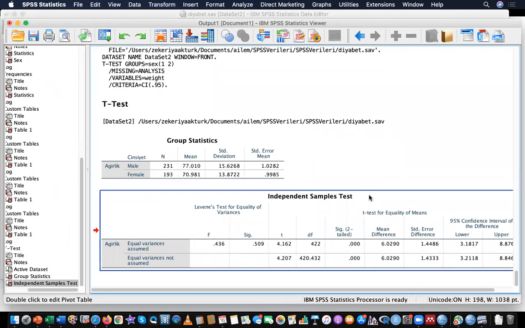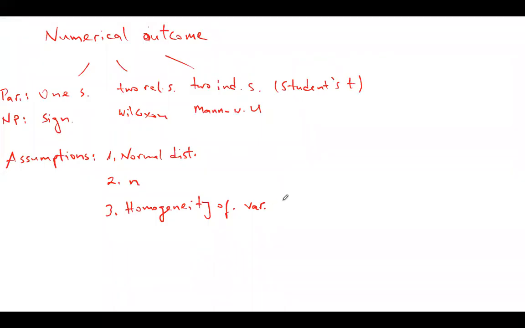By looking at the output, can you tell me what was the test checking the assumption of equality of variances? Levene's test, yes. So this we check with the Levene test.